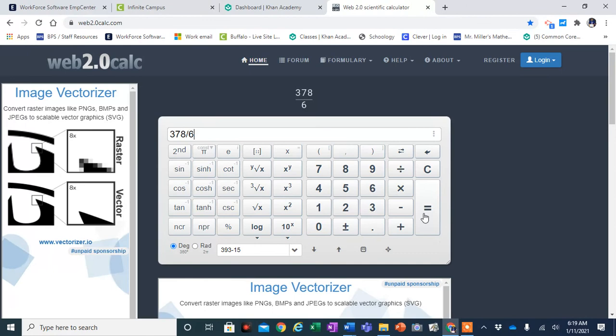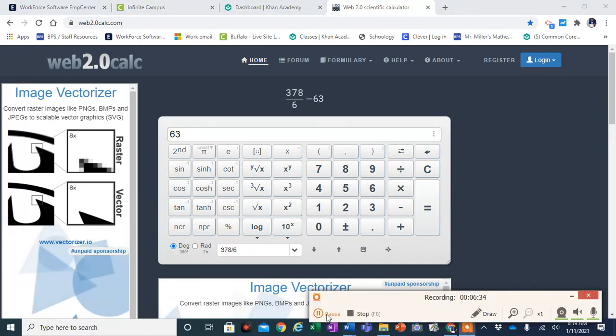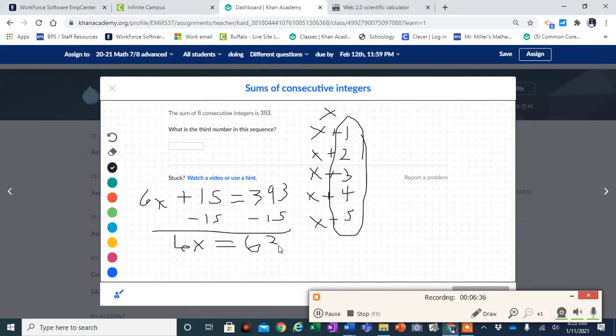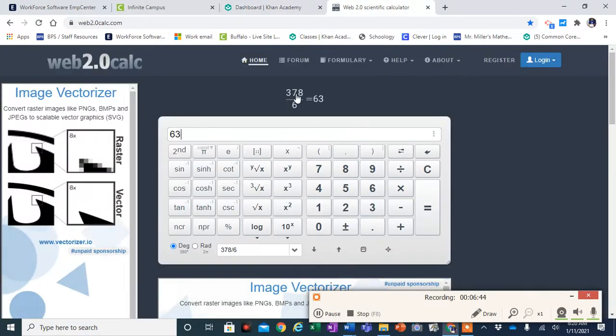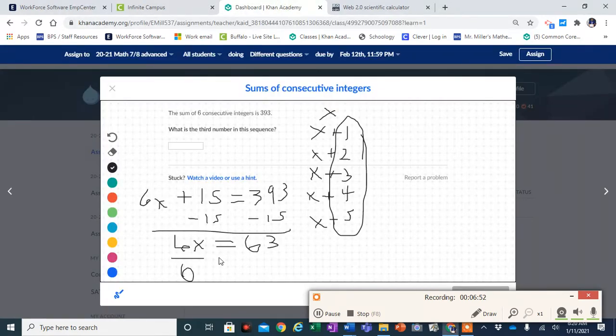And then we have to divide that by 6, and we get 63. We divide by 6. We find out that x is 63.